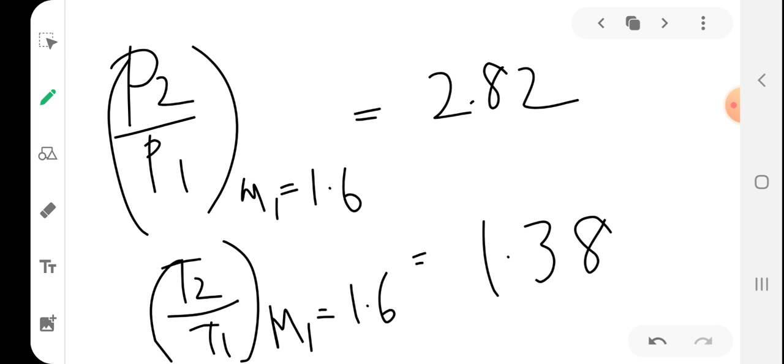So we have got the values for these ratios directly from the table instead of applying the equations. Applying equations is cumbersome and requires a lot of time, so the procedure is simplified if we use the gas table.